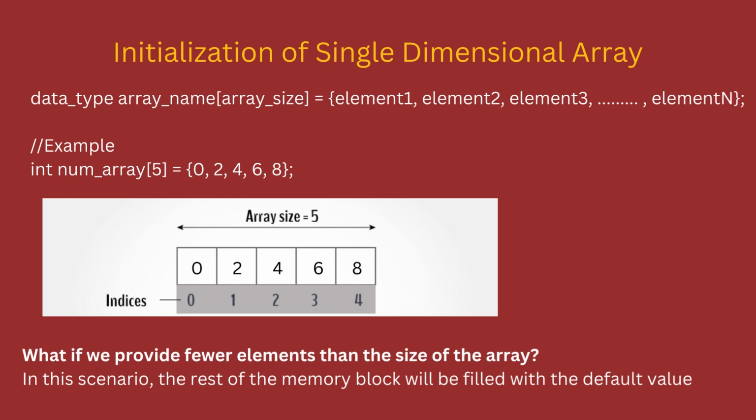There is one way to initialize the single dimensional array. We can put commas between the values of elements, so it will store the values in the array elements. For example, int num array of 5 elements, integer type of 5 elements, in curly braces we give 0, 2, 4, 6 and 8.